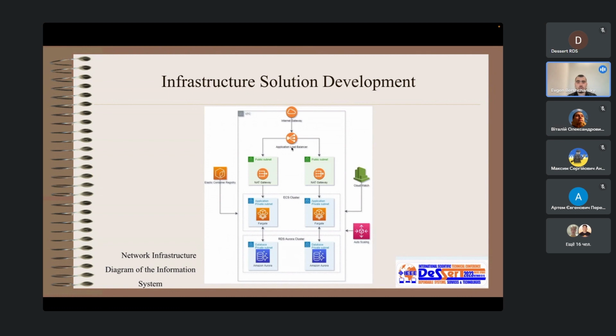So when a user comes from the internet, it goes to the application load balancer, which also has security features. The main purpose of this load balancer is to balance between several application replicas, copies, I would say. After that, our request comes to the public subnet, and from the public subnet, it goes to the private subnet.